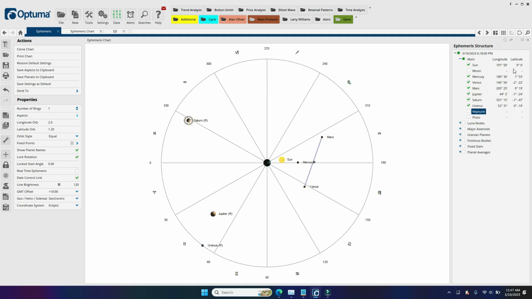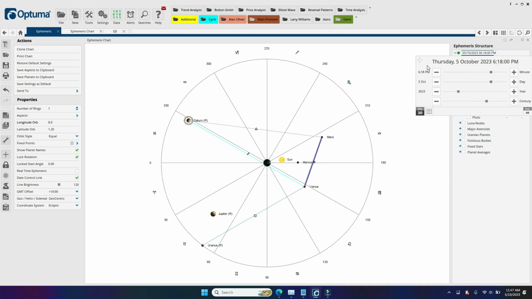Now, just like cycle analysis, you can get clustering in planetary analysis. Clustering will occur when we get a number of these planets forming aspects at the same time.